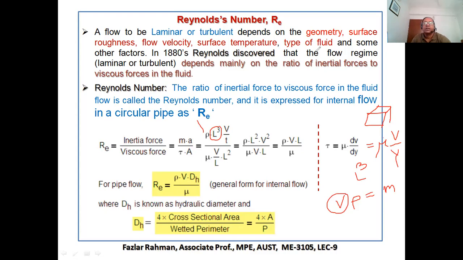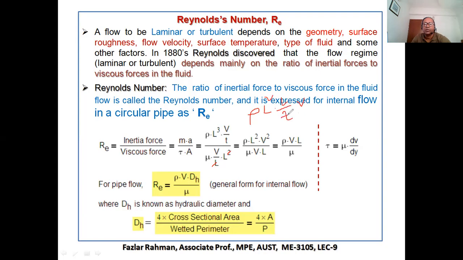Okay, now we just simplify the top and bottom. In the bottom, the L square cancels, leaving only one L, so mu V L. And in the top, you see rho L square. I am keeping rho L square and keeping V separately, and the one L over here I am keeping in the L by T format.